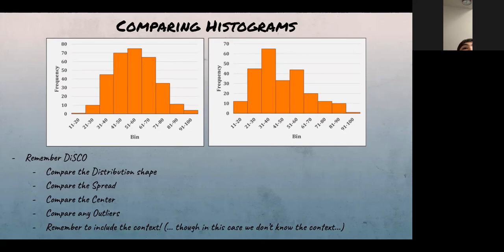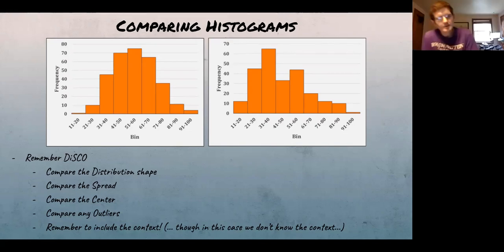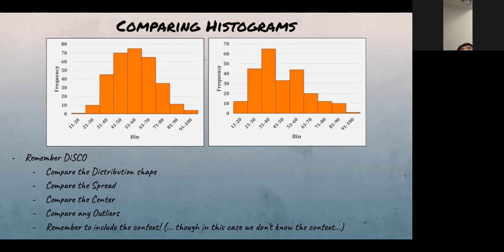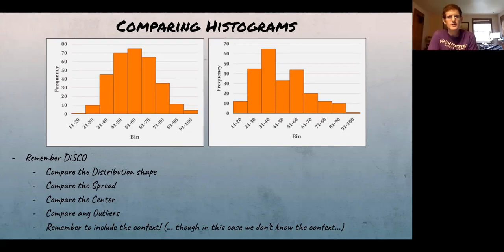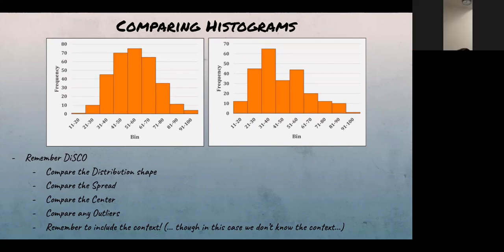The second has two. Okay, that's comparative centers. No, I mean I see what you're saying. So we're talking about modes right there. And the first one I agree is definitely unimodal.